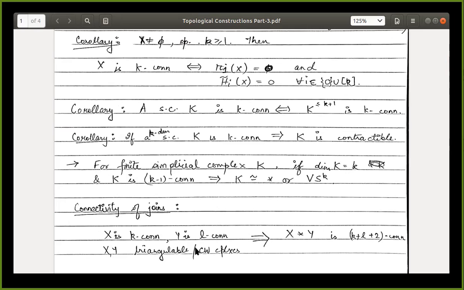In this lecture itself, we'll see what a CW complex is. What we are saying is that for the join of two spaces, where one is K-connected and another is L-connected, their join is (K+L+2)-connected.